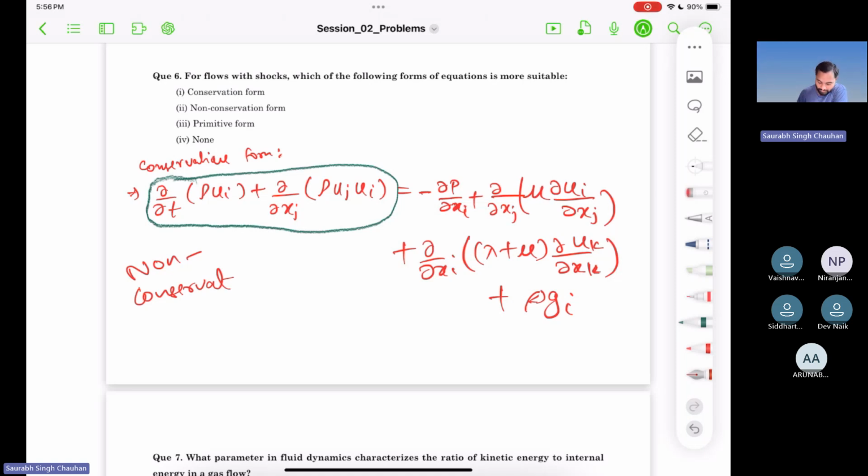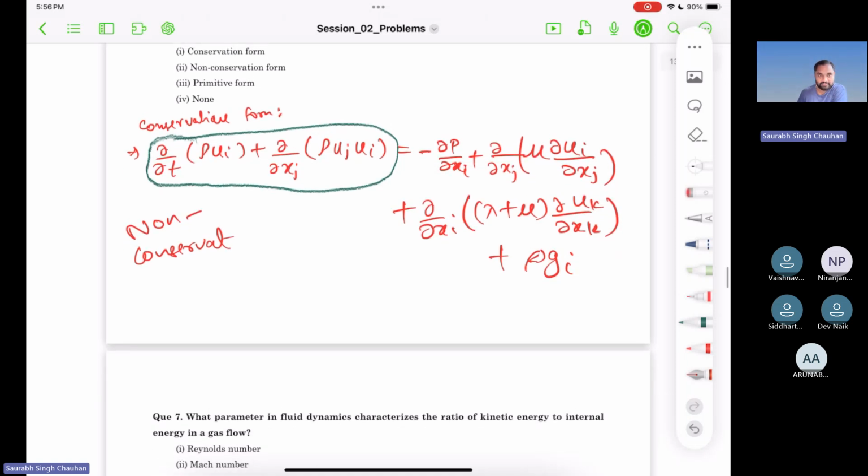So you will have the simpler version, which is basically rho, and the total derivative d by dt of ui plus, sorry, you know what the total derivative is. Total derivative is rho plus, what is that next term?